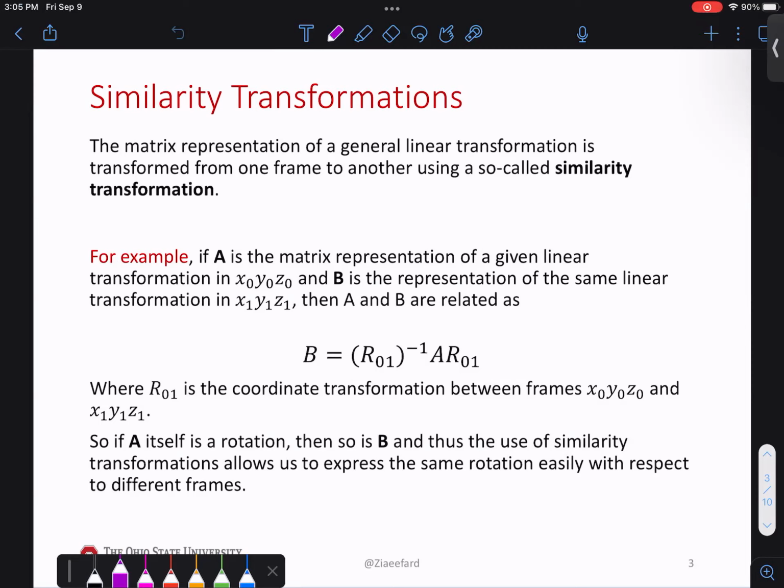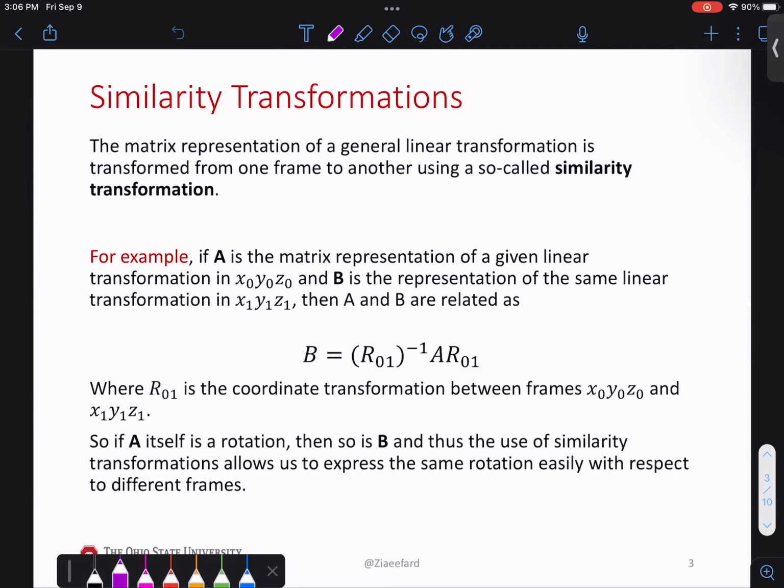So if A is the matrix representation of your linear transformation in your frame 0, the original frame where this happens, you would sandwich that linear transformation between the rotation matrix from 0 to 1, so old frame to the new frame, and the inverse of it, which you know is the transpose, right?